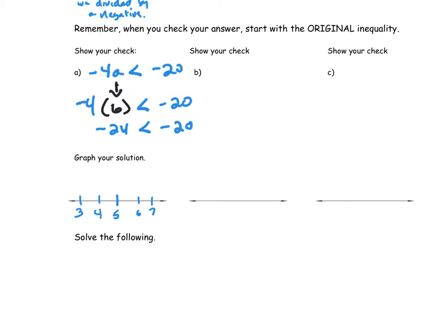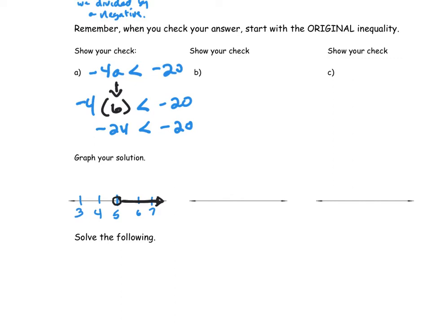And by the way, I'm going through this quickly, so if you need to pause the video at any time, please do. Because it's greater than 5, but it does not include 5, I'm going to put an open circle on 5. It doesn't include 5, and it's all the numbers that are greater than 5, so that would be to the right of 5. So this is the graph.